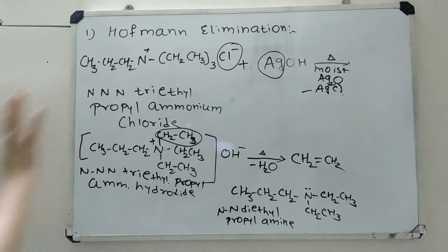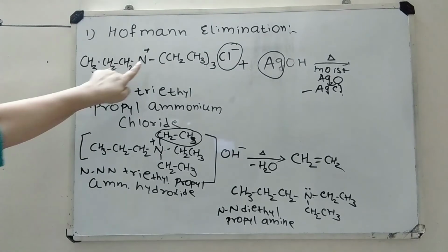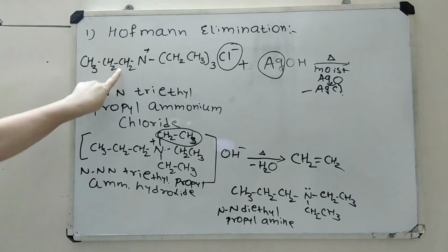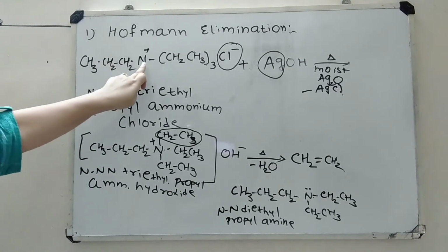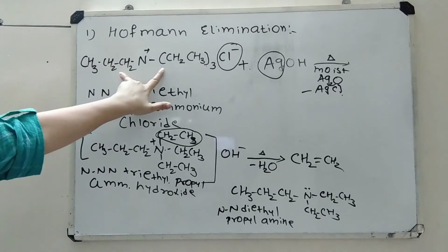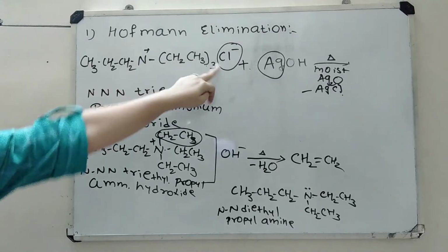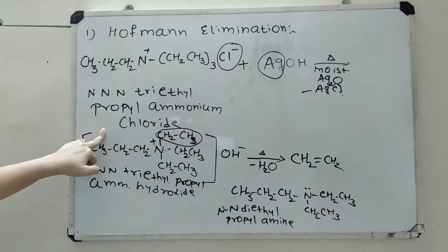So it is a triethyl. Propyl, because on the nitrogen's left side there are 3 carbon atoms, 1, 2 and 3, so it is a propyl, with a total of 4 groups. So it is the ammonium, and Cl means it is the chloride group.